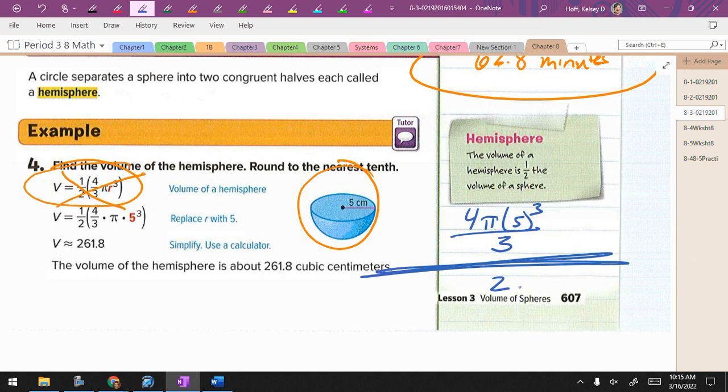Oops, you multiplied by pi twice. Okay, then have you already divided by 2? Oh, you already did? 261.8. Okay, so when you see hemisphere, don't think you have a whole new deal. Just find the sphere, divide it in half. So, yeah, curveball, but nothing crazy.